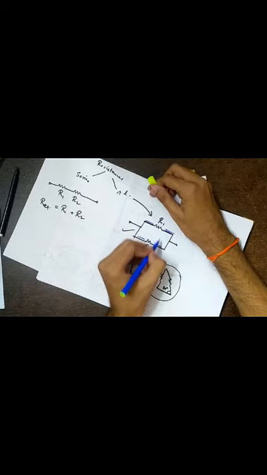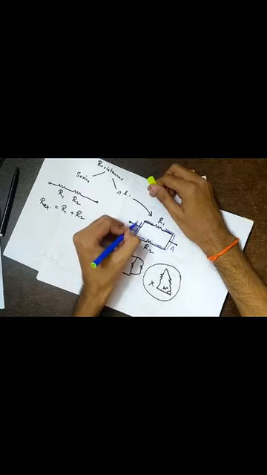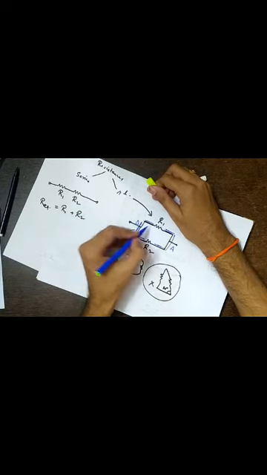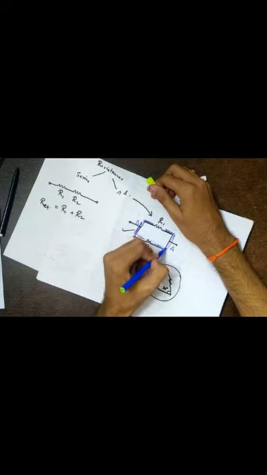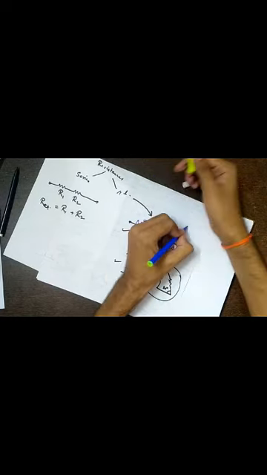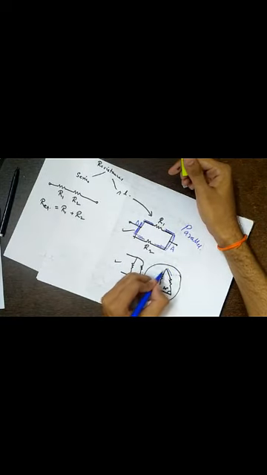If you observe, this terminal is meeting at a common point, say A, and this terminal is meeting at another common point B. When the terminals of the resistors are connected to a common point and the other terminals of the same resistors are connected to another common point, only then they are said to be in parallel. Here, this terminal is connected to this common point and this terminal to this common point, so this point is one and the same. So these are also in parallel.